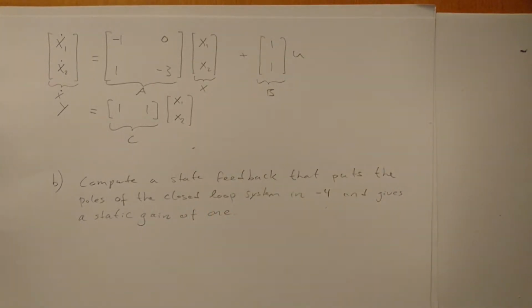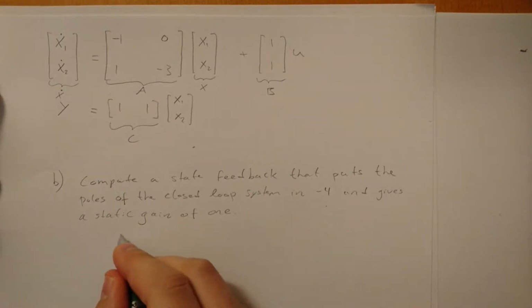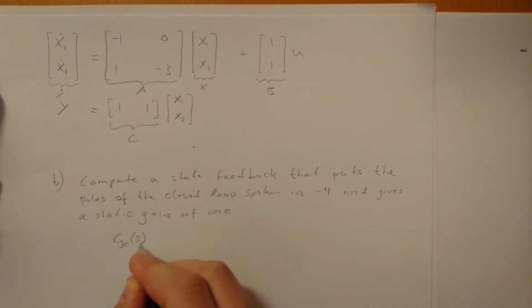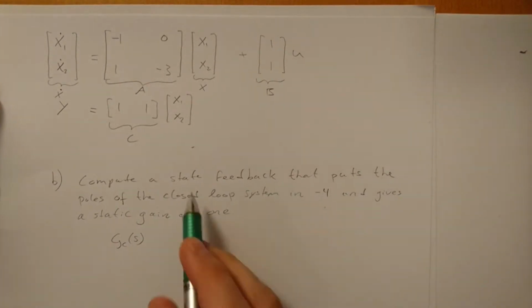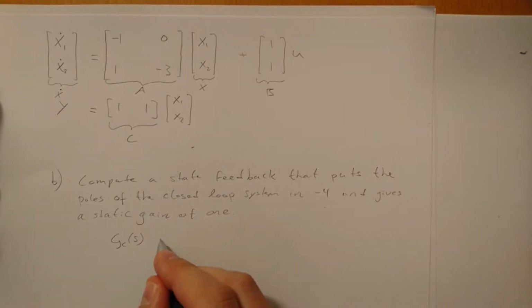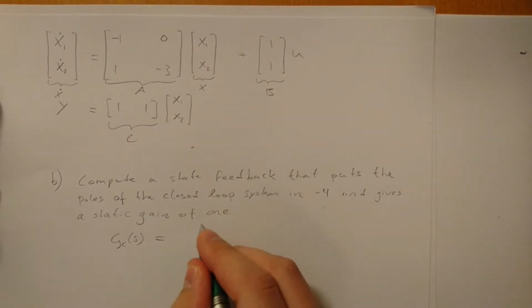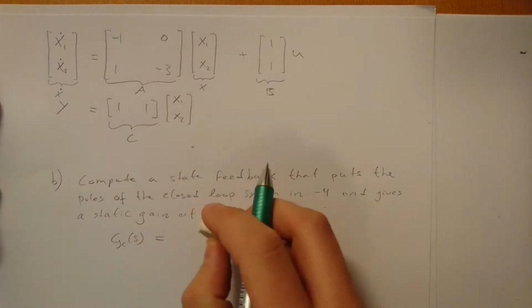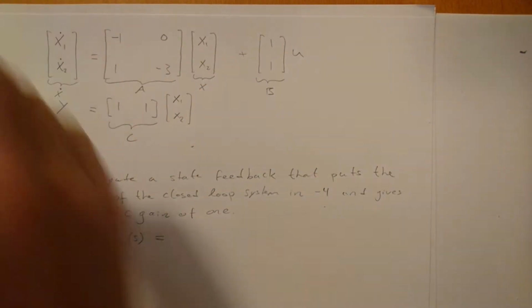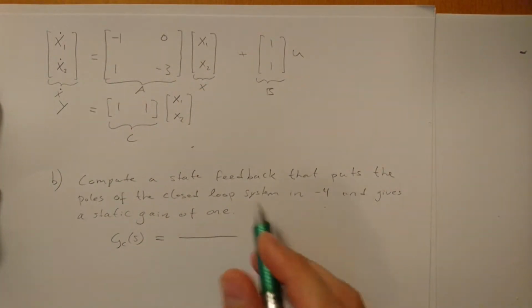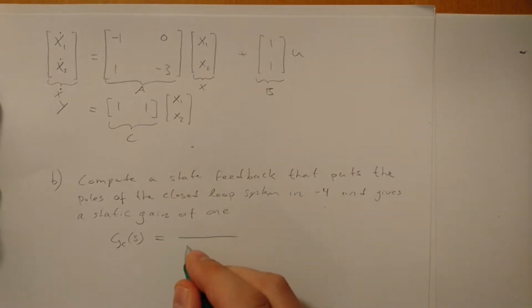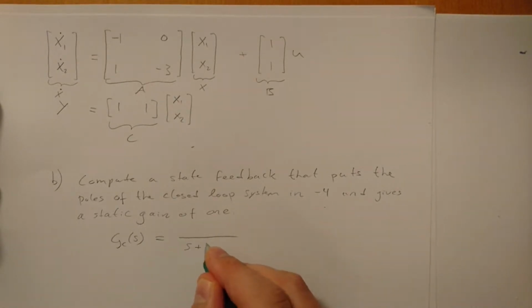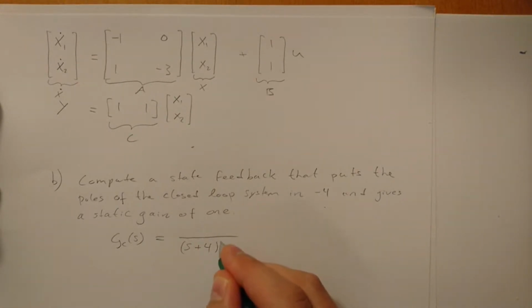That's the exercise. So if you think of this in terms of the closed loop transfer function GC of s, what these requirements are saying is that both the poles of this transfer function should be in -4. So this will be of the form s plus 4 squared.